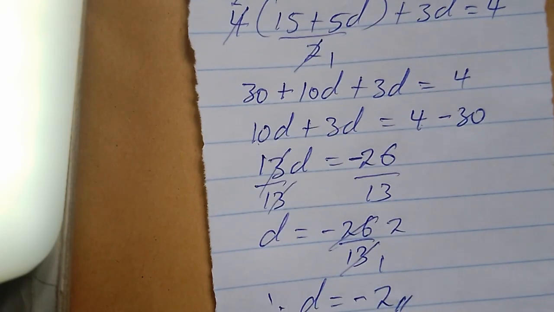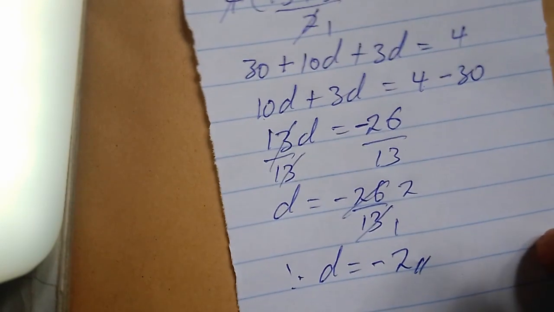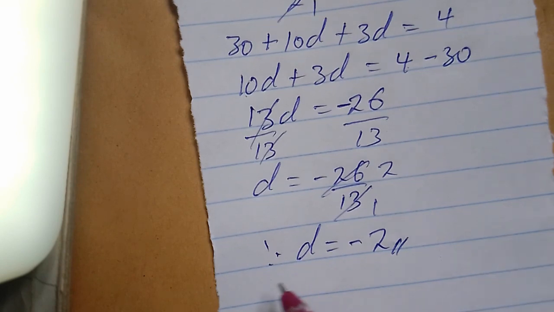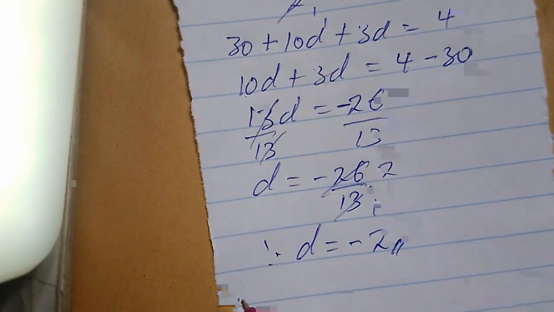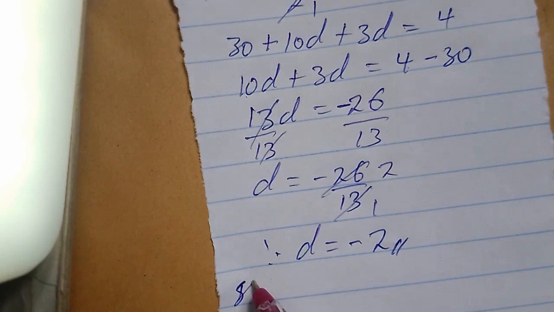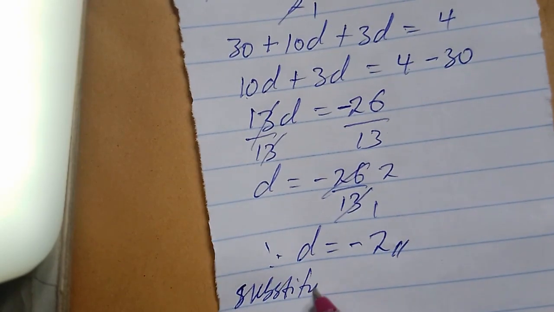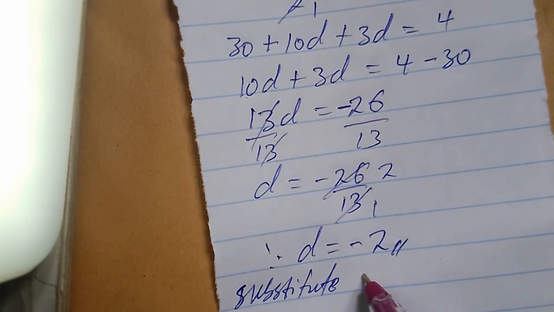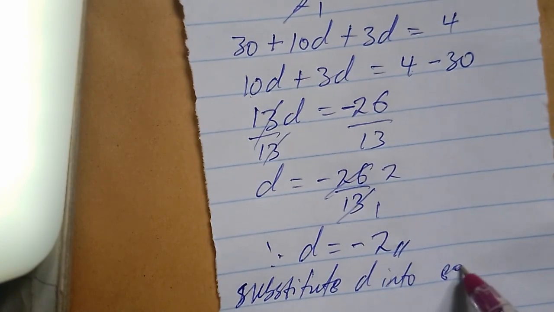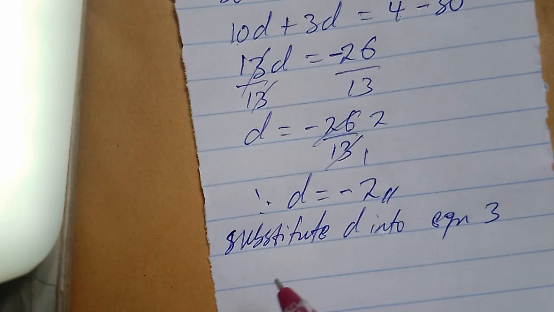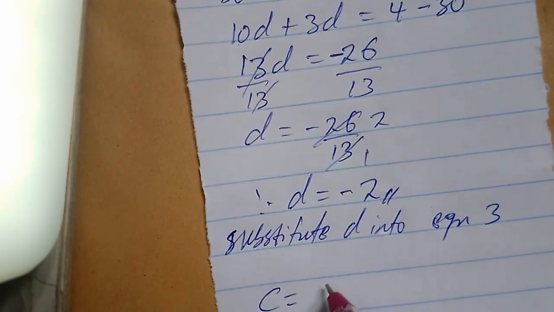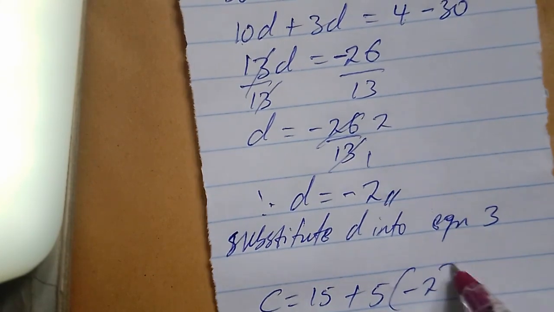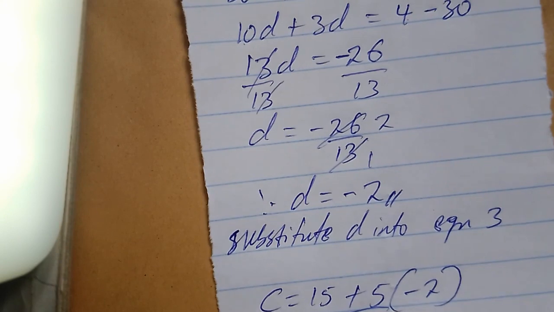Now that we have found d, the next step is to substitute d into equation 3 to find c. And what is our equation 3? We have c equals 15 plus 5, open bracket, minus 2, over 2.